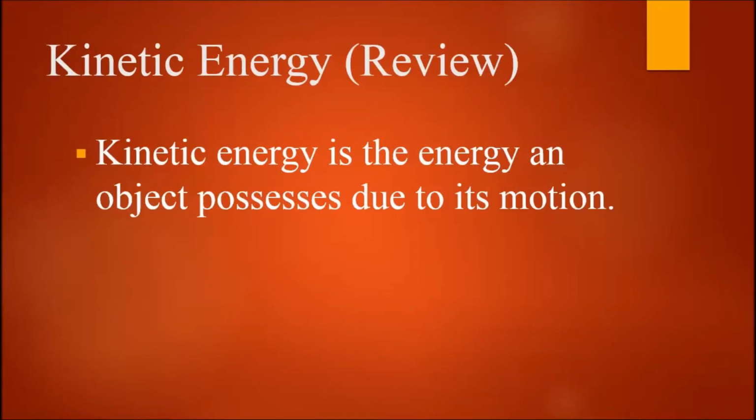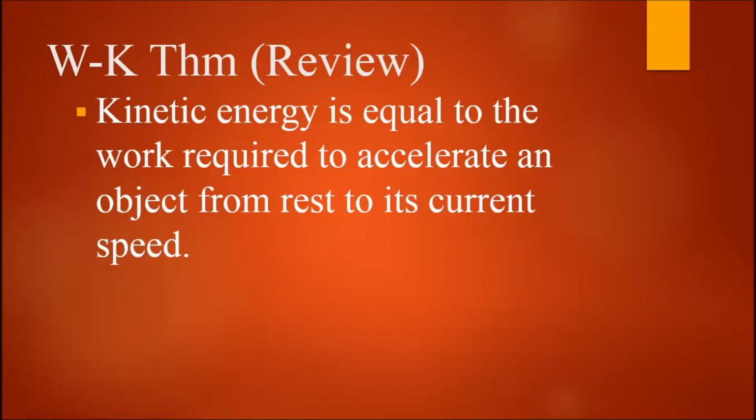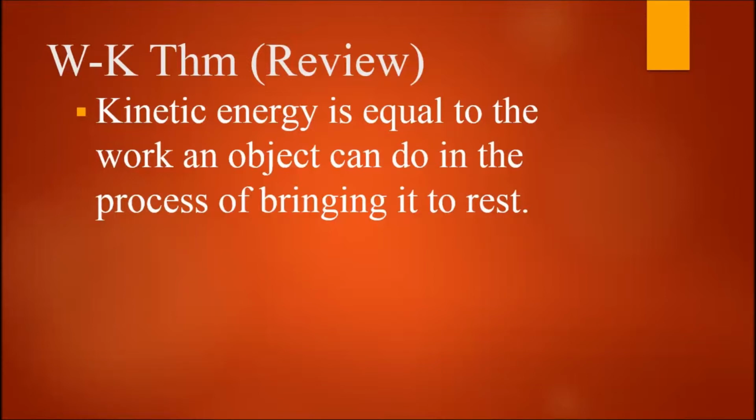We have also looked at one type of energy that an object may possess, the kinetic energy, the energy due to its motion. And the Work-Kinetic energy theorem has given us a physical interpretation of kinetic energy. Kinetic energy is equal to the work required to accelerate an object from rest to its current speed, and is also equal to the work an object can do in the process of bringing it to rest.